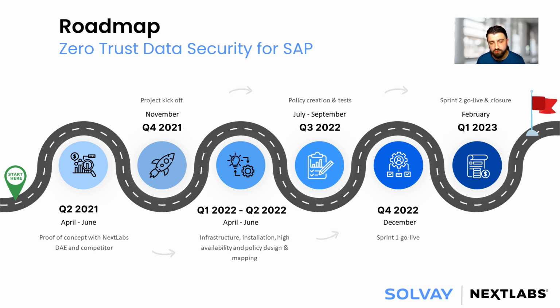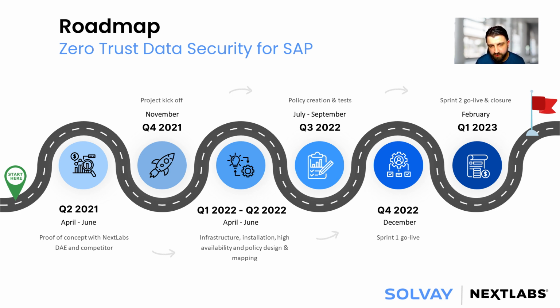But we knew, for the reasons I mentioned, that DAM would be really costly to implement for our requirements. So we started to look for an alternative that would be more efficient to implement in our new context. So we did this proof of concept. Finally, DAE was able to meet all the requirements that we had in this proof of concept.